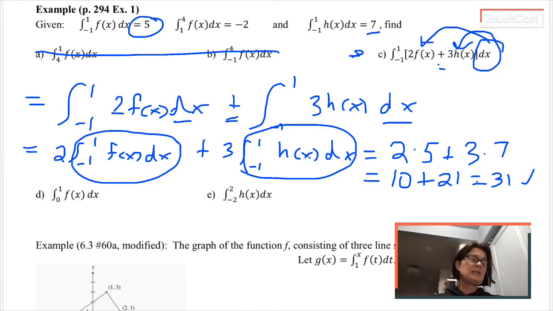Okay, so we were talking about this in class with some of you at least. When we get to letter D, I'm asked to find the area between 0 and 1 under the f curve. Well, I know the area under the f curve between negative 1 and 1. But I don't have any other information about f between 0 and 1.